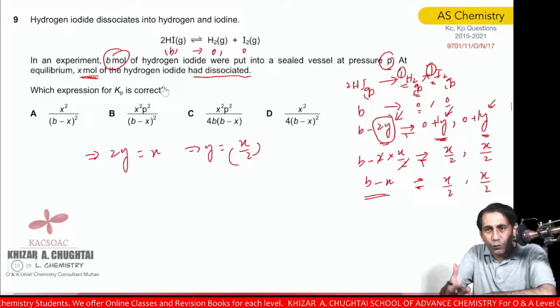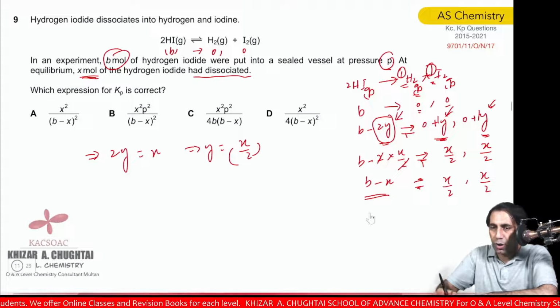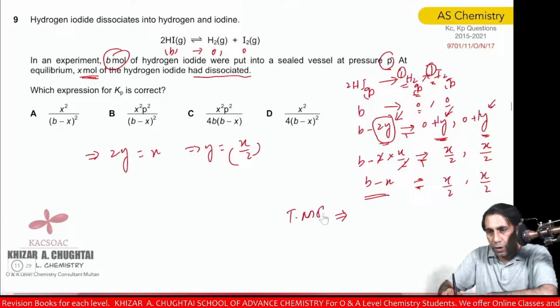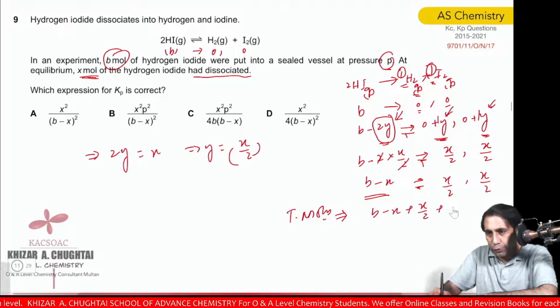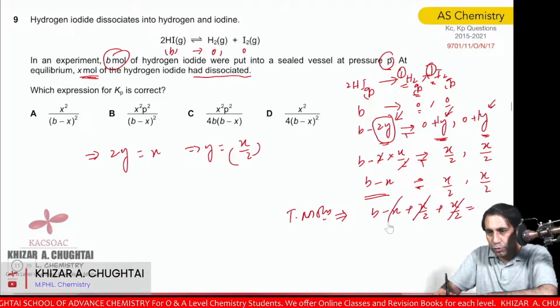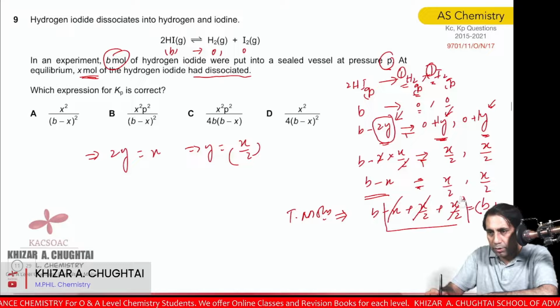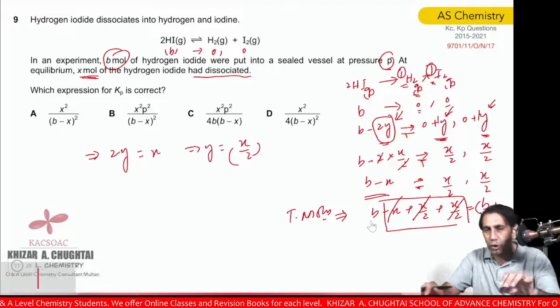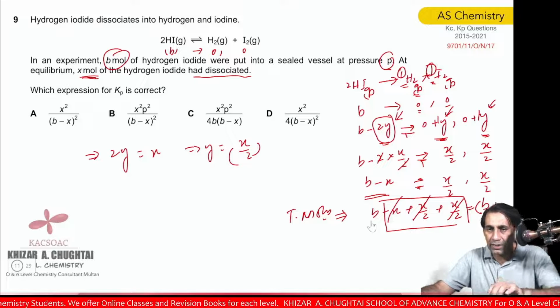We are supposed to find the answer of its Kp, so there is need to find the partial pressure. So first of all, I am going to find total moles. Total mole, B minus X plus X by 2 plus X by 2, that is equal to just B. This whole X expression will cancel out, and that is equal to B.